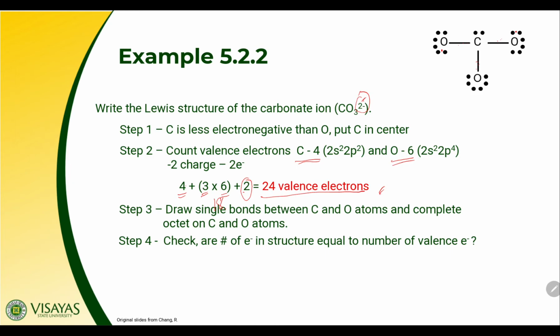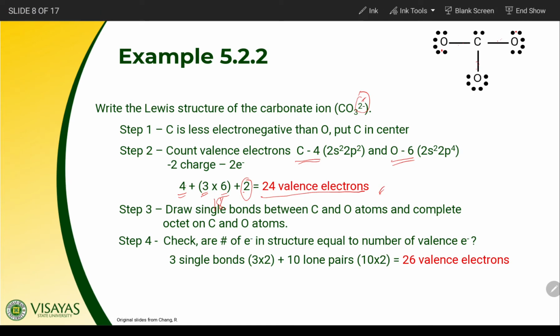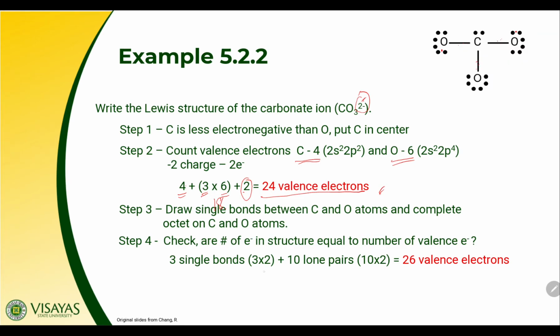Okay, so let's count. In the structure, we have 3 single bonds, 1, 2, and 3. Each of the bonds has 2 electrons, so we have 6.